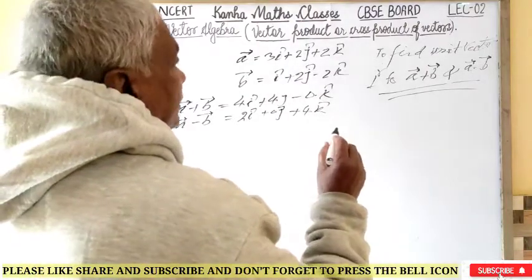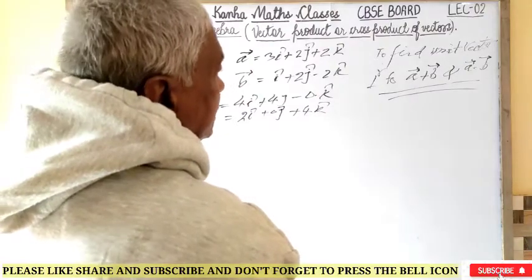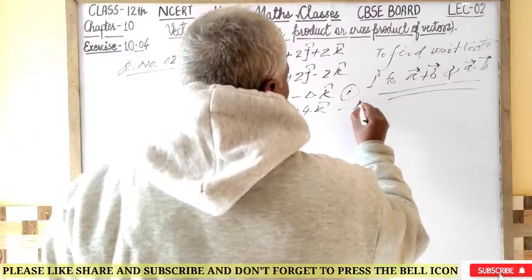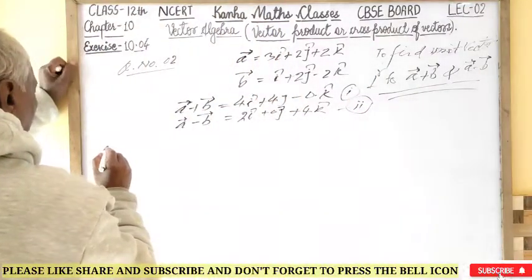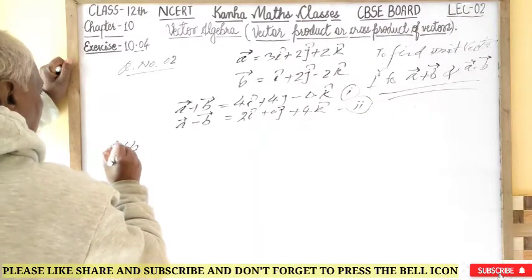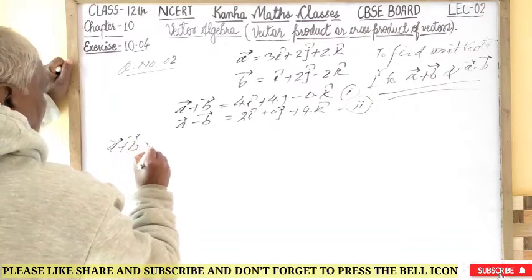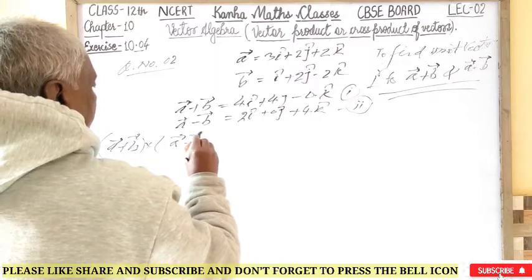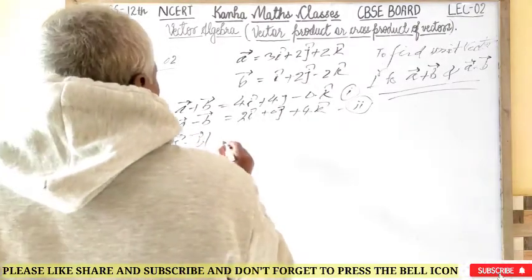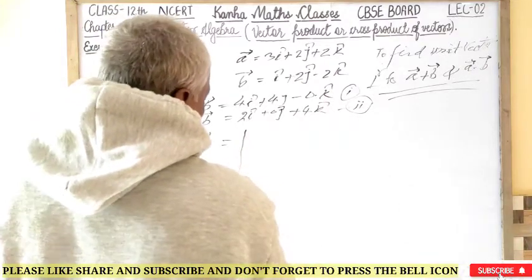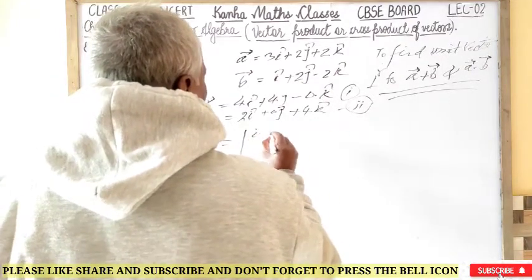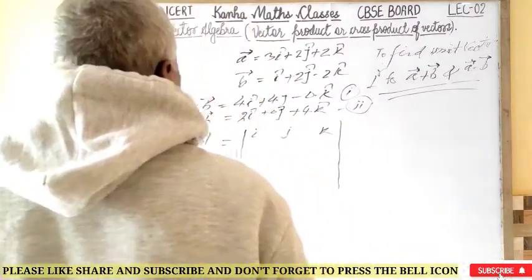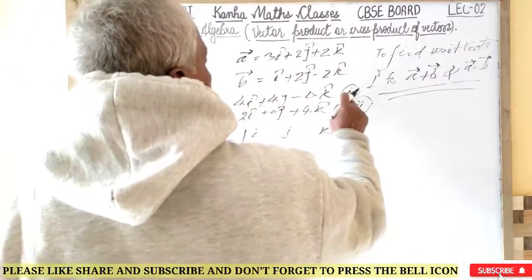Hence, first of all, we will calculate the cross product of these two vectors, (a plus b) cross (a minus b), which is equal to, in terms of determinant, i, j, k, and the respective coefficients of i, j, k.